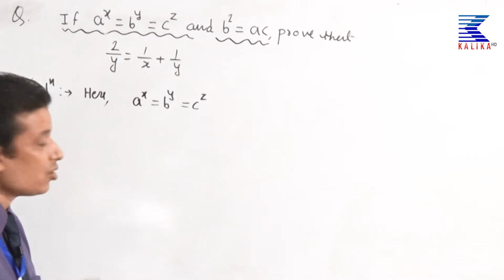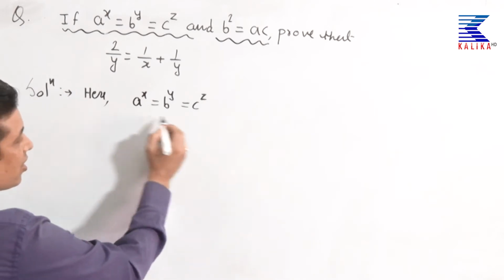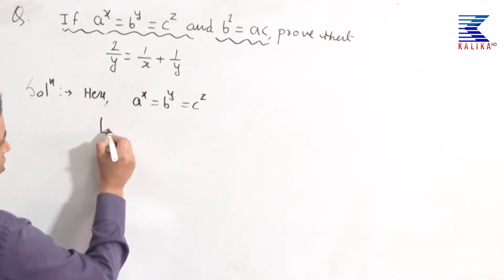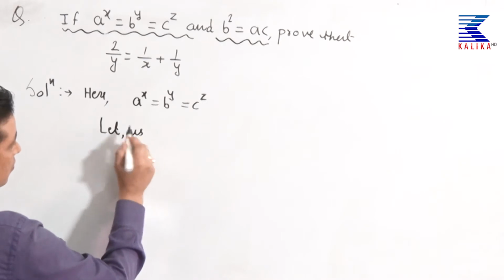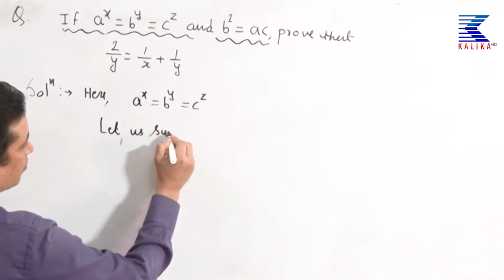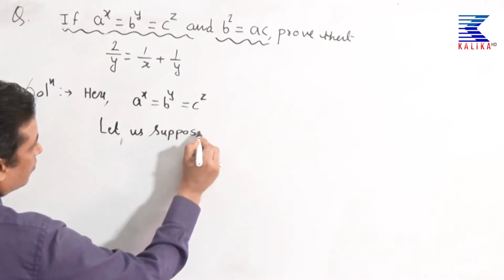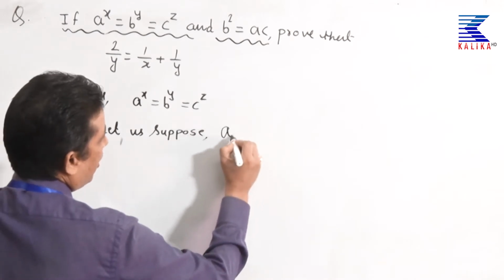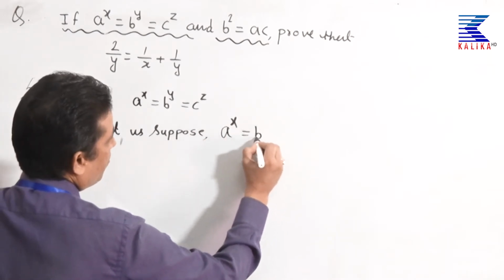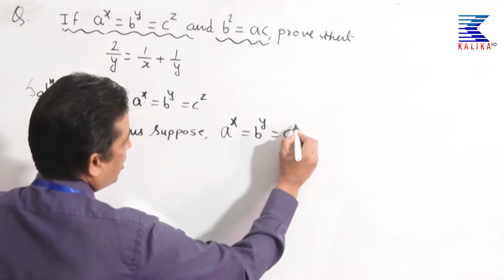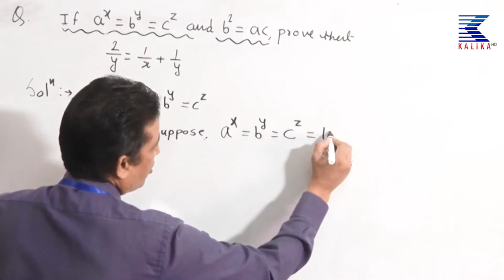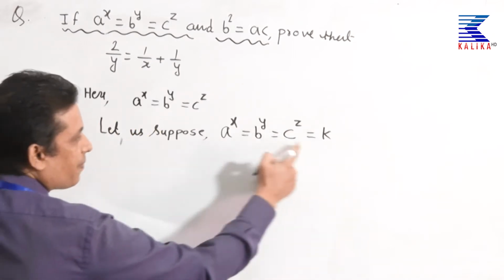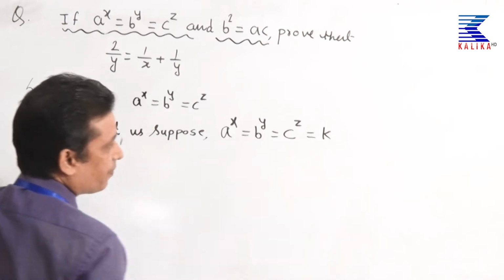So, to simplify this condition easily, let us suppose a to the power x is equal to b to the power y is equal to c to the power z, which is equal to k. I have supposed these all equal to k.